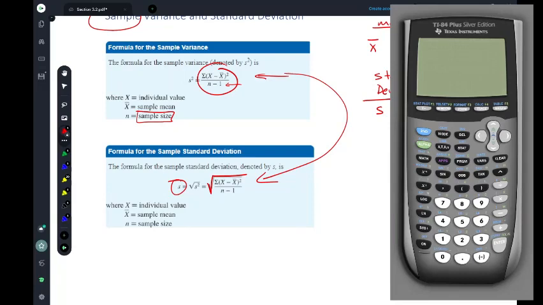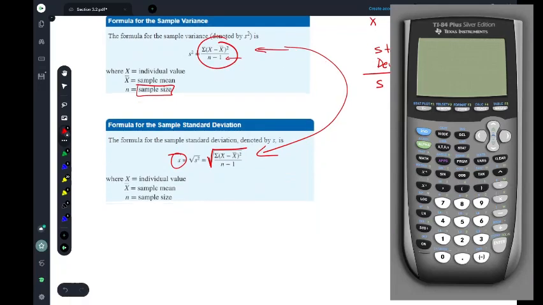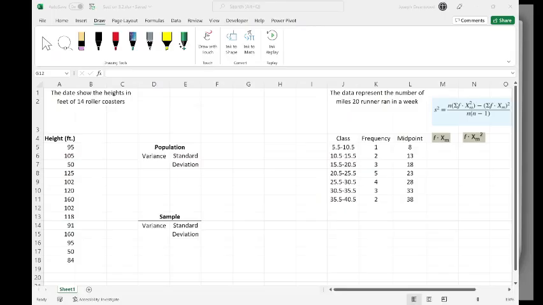But like I said, when you get large data sets, trying to go through and calculate standard deviation can be extremely difficult. So I want to take a look at using Microsoft Excel to our advantage. Let's go ahead and take a look at an example using Microsoft Excel.